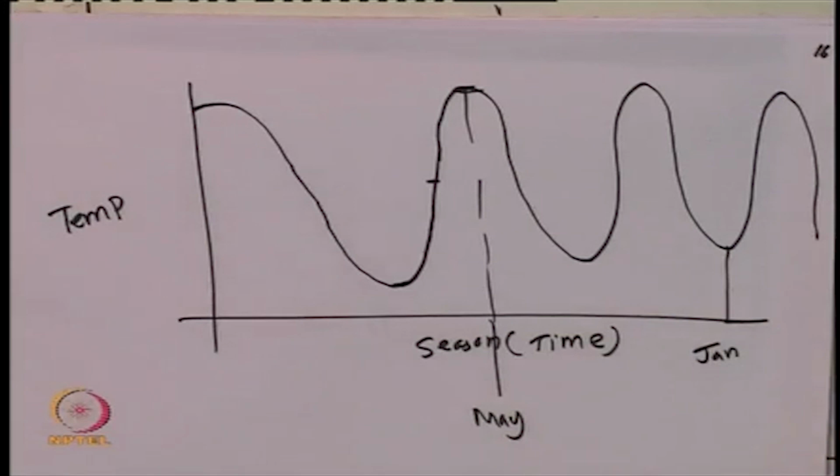So, temperature is a periodic function over seasons, and if you want to represent this natural phenomenon, you can say that this can be represented using sin x and cos x. A combination of sin x and cos x will represent this phenomenon of temperature rise and dip, increase and decrease in temperature.